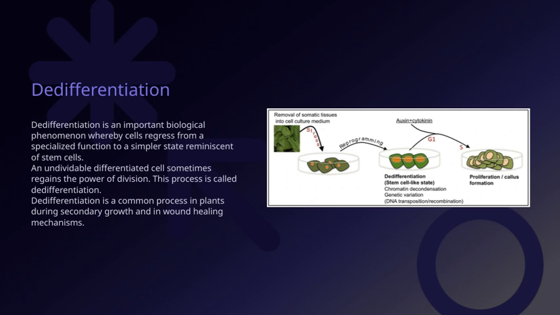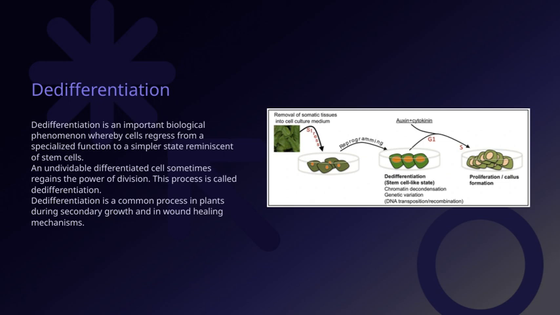This process is particularly important in plants, especially during secondary growth, where it helps in forming new tissues. It's also a key part of wound healing, allowing plants to regenerate damaged parts by reprogramming mature cells. So, dedifferentiation highlights the incredible plasticity of cells, showing us how they can adapt and revert to a more versatile state to support growth and repair.